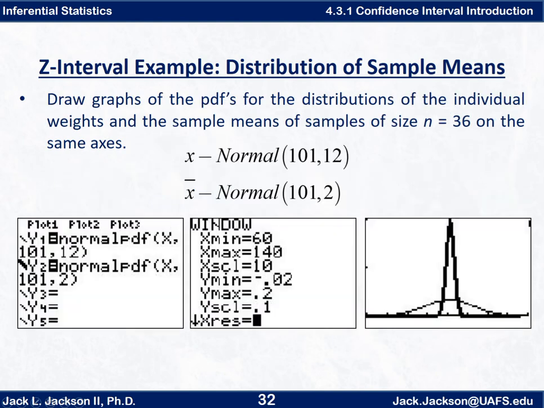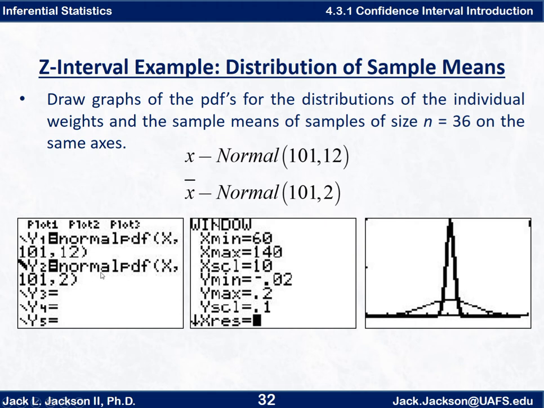And remember, x is normal with mean 101, standard deviation 12. X bar is normal with mean 101, standard deviation 2. So these are both normal curves, bell-shaped curves. I could graph that by doing y1 equals normal PDF, x, comma, 101, comma, 12.